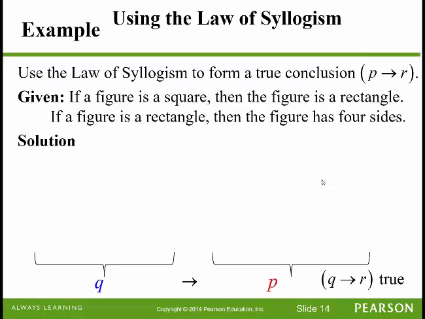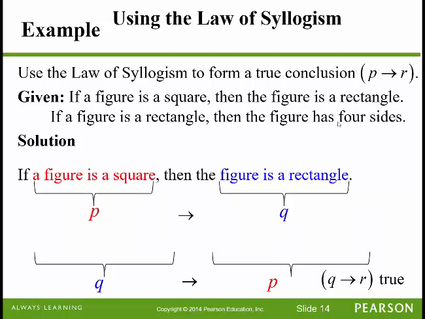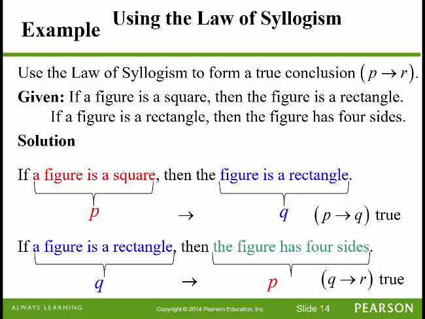Let me give you an example of this. I want to use the law of syllogism to form a conclusion that P implies R. Here's what I'm given. If a figure is a square, then the figure is a rectangle. That's one statement; my P is the figure is a square, and my Q is a rectangle. Then if a figure is a rectangle, that's Q, then the figure has 4 sides. That's my new R. P implies Q is a true statement, and Q implies R is also a true statement.